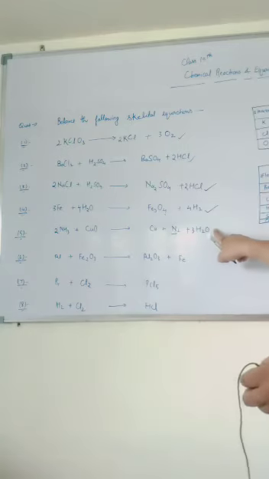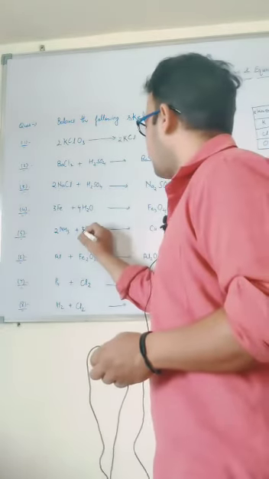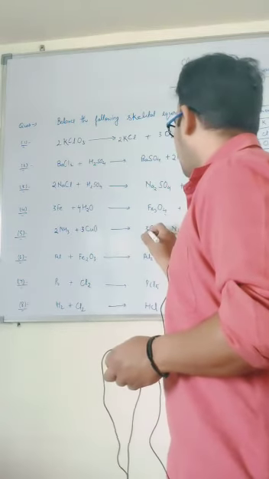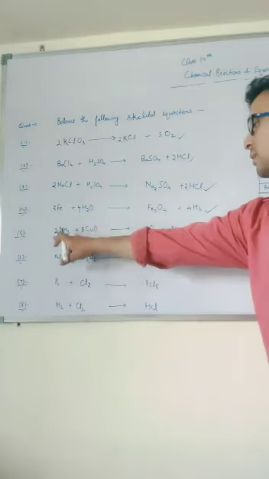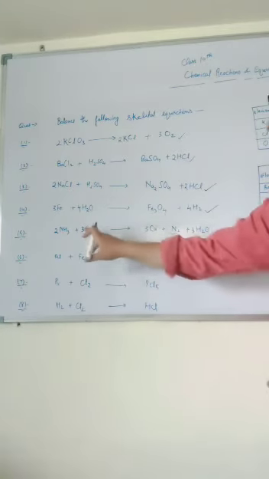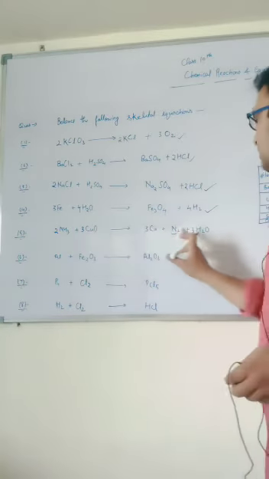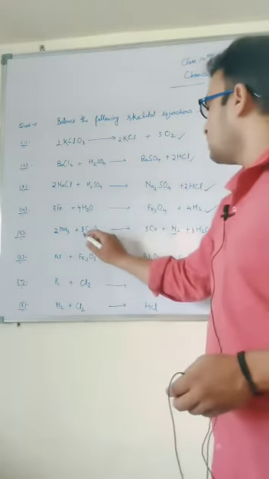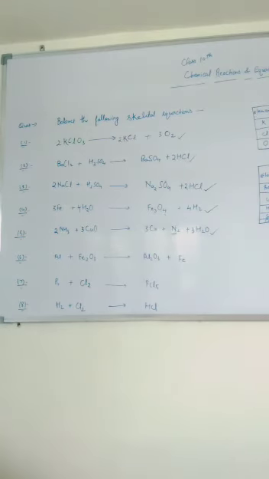Now oxygen has 3 atoms, here only 1, so we have to multiply it by 3, and we have to multiply Cu by 3. Now nitrogen has 2, hydrogen has 6, oxygen has 3, and hydrogen 2 times 3 is 6, and copper has 3 atoms. So this equation is completely balanced.